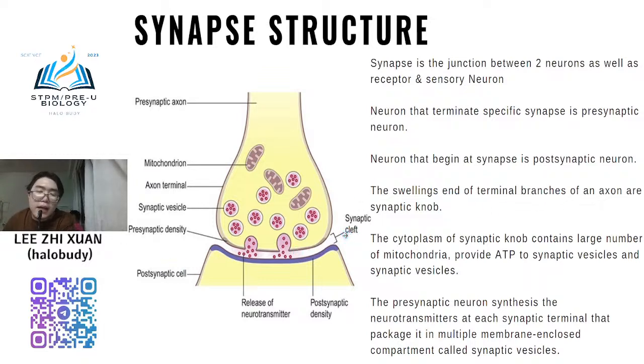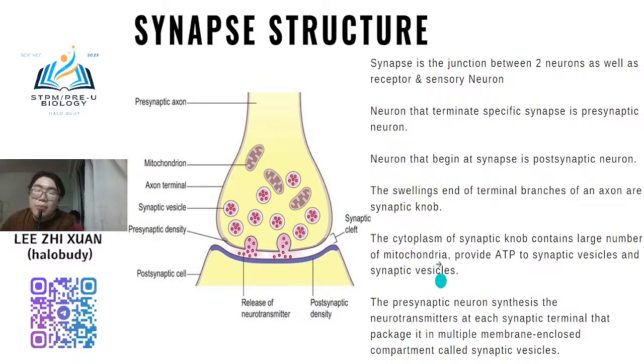both are acceptable. And this one we call the synaptic knob, sorry, and then the gap between the neurons we call the synaptic cleft. The cytoplasm contains mitochondria, because it requires energy, and we know that it contains neurotransmitter, right?